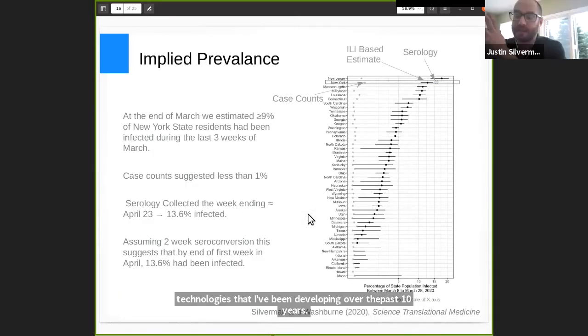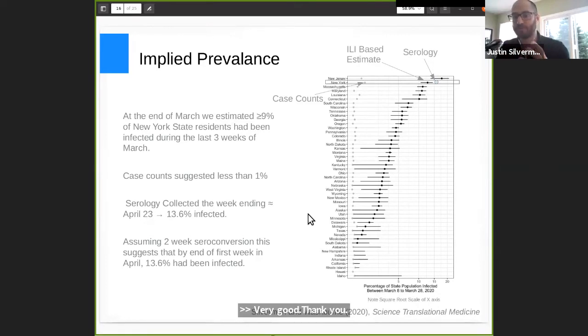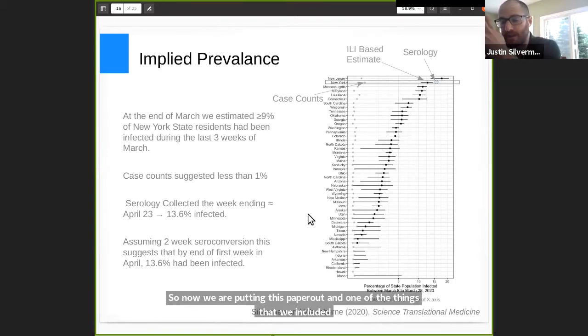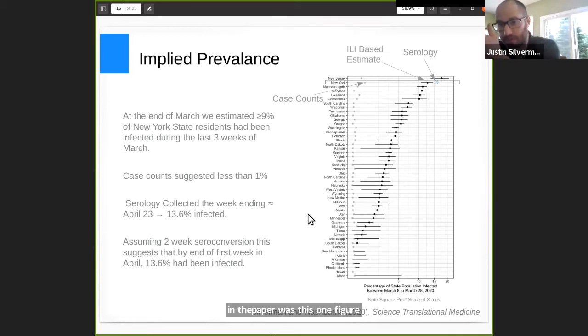Okay, so now we're putting this paper out. One of the things we included in the paper, which was a preprint at this point, was one figure: a breakdown of that 8.7 million number by state, represented as the percentage of the state's population that we think was infected, or at least that the ILI data suggested was infected, between March 8th and March 28th.